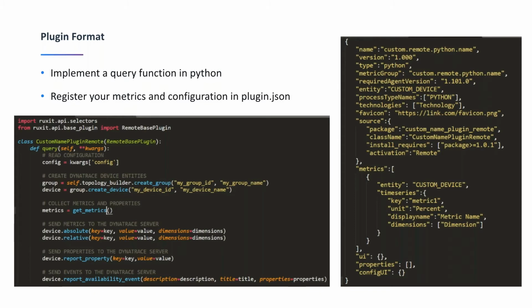Dynatrace has a technologies overview page. So by default, even custom devices have a nice out-of-the-box UI to view them. But you can customize this and customize how the metrics are shown in the UI section of the plugin.json. You can also set up properties that you want to send to this plugin. So properties might be, say, the IP address of the device I'm polling.